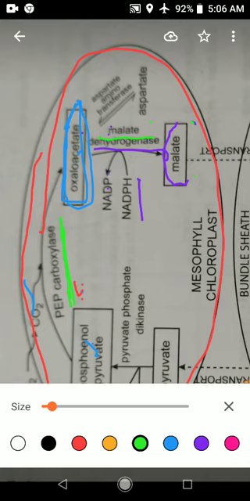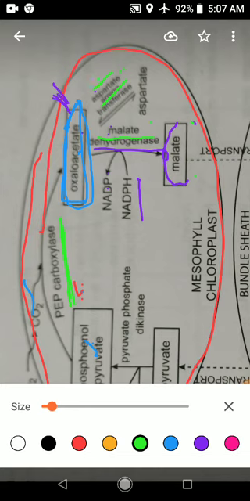Here children, one more thing you have to remember. In some cases, this 4 carbon compound oxaloacetate or oxaloacetic acid which is formed is aminated to aspartate in the presence of the aspartate aminotransferase enzyme.